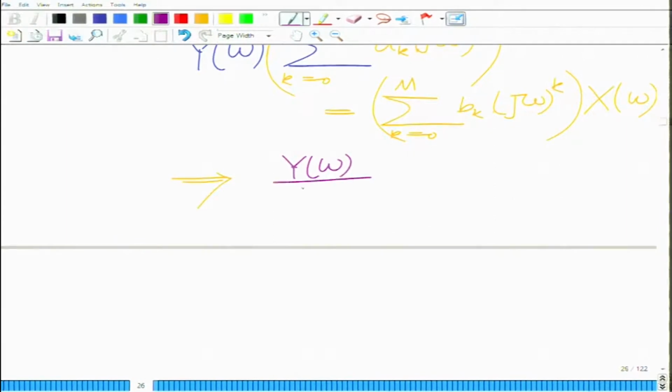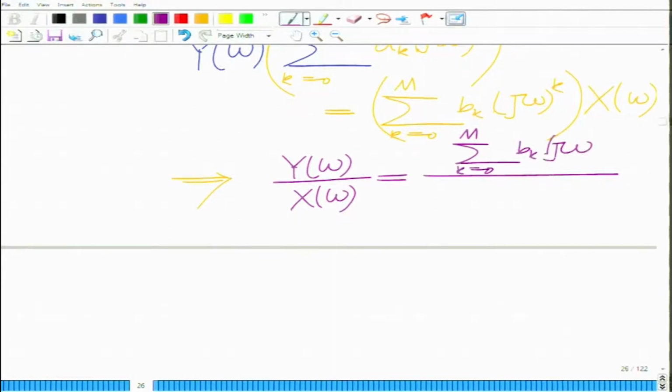Which basically implies that Y(omega) over X(omega), which is nothing but the transfer function H(omega), is summation k equal to 0 to M of b_k (j omega)^k divided by summation k equal to 0 to N of a_k (j omega)^k.